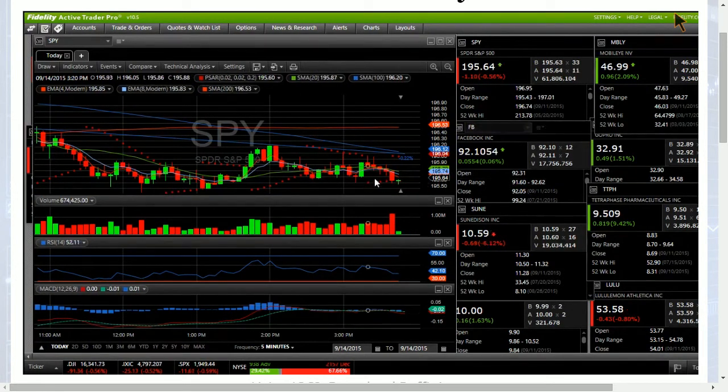SPY is desperately holding on to the support level of 195.60. Resistance is 195.80, the 20 period moving average on the 5-minute chart.